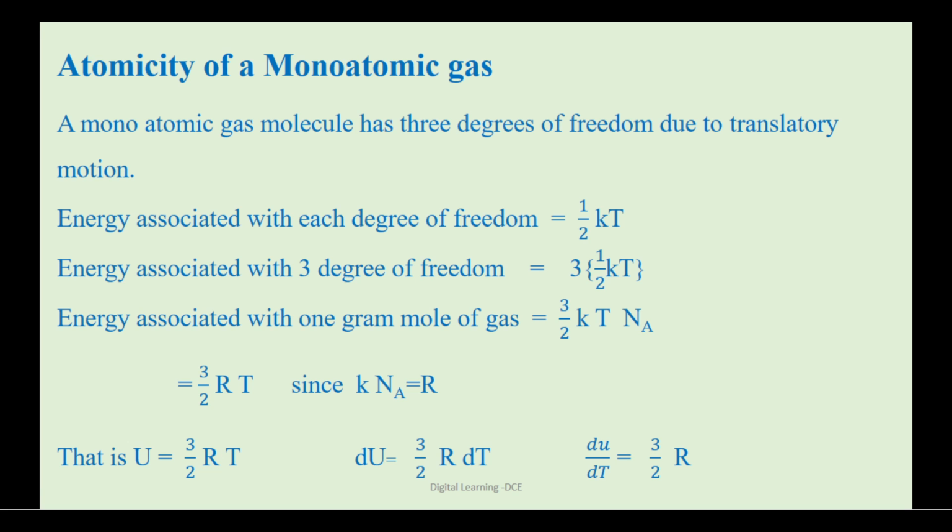Then next, on differentiating this with respect to T, we get dU is equal to 3 by 2 R into dT. Rearranging the terms, we get dU by dT is equal to 3 by 2 R. Here, dU by dT represents Cv value, that is specific heat capacity at constant volume.